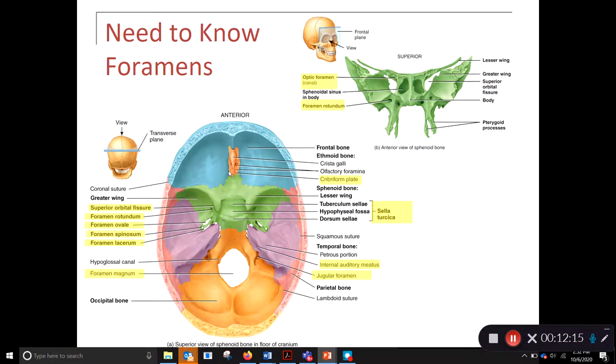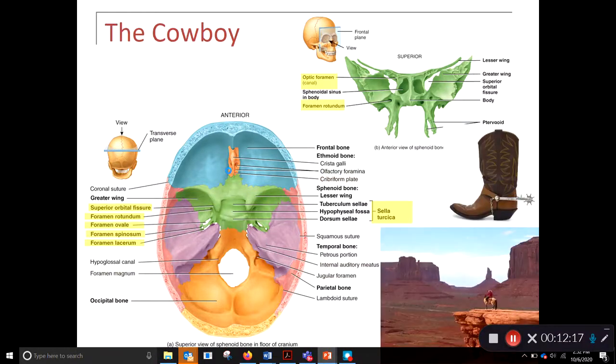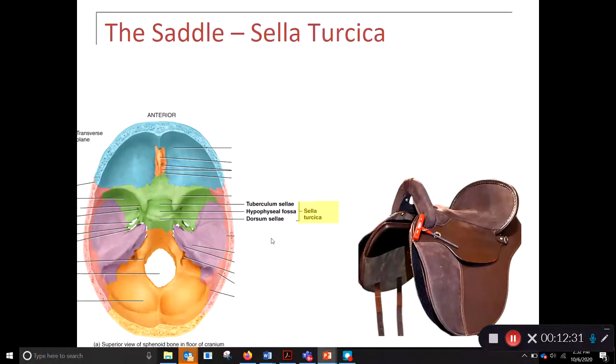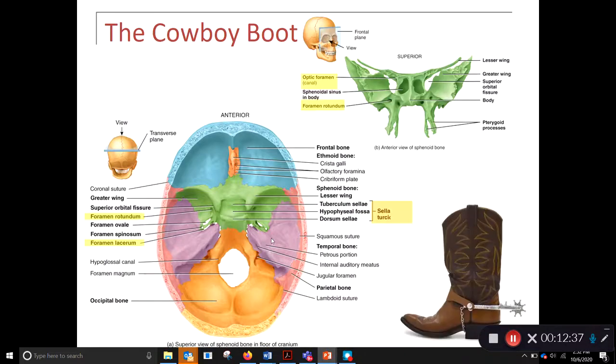With that, let's go ahead and talk about the sella turcica and my little metaphor to remember the holes, the foramens, all around it. So pretend you're a cowboy. You're going to be sitting yourself down in this sella turcica. So the sella turcica is your saddle. You're there on your horse, and you're going to stick your boots into the rotundum.